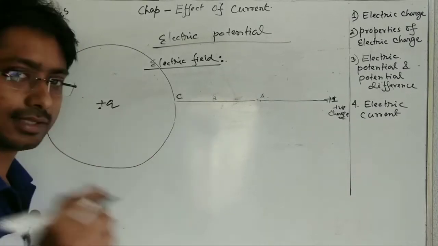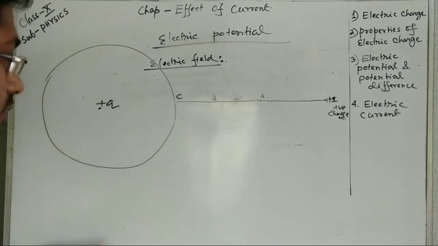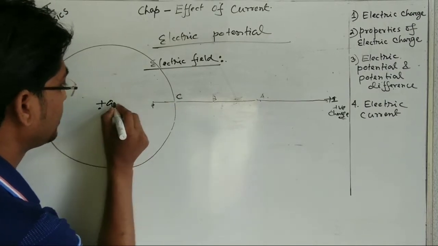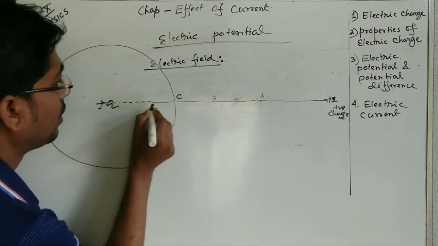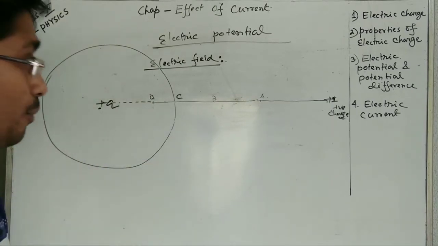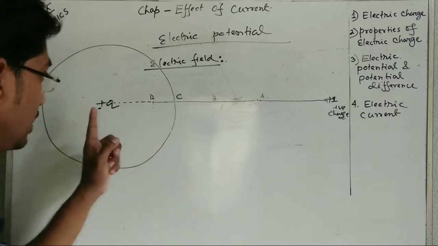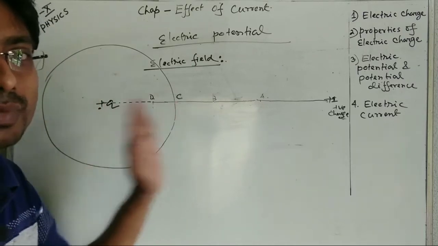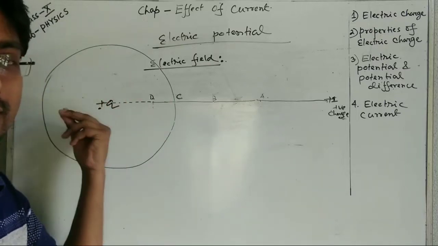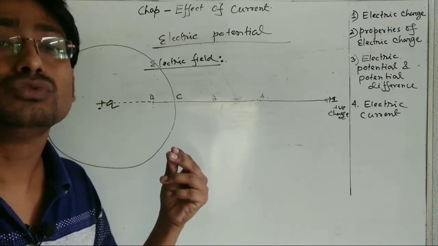Now if we go inside it, suppose this is a point D, then we have to do some work, because at each and every moment the positive charge will give some repulsion force to the unit positive charge. If we want to go in this direction, we have to do some work.